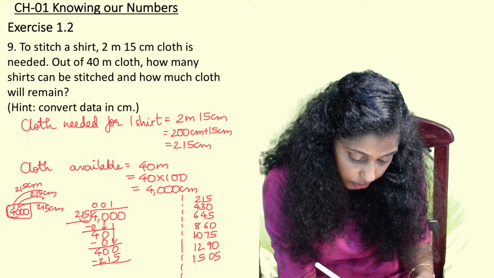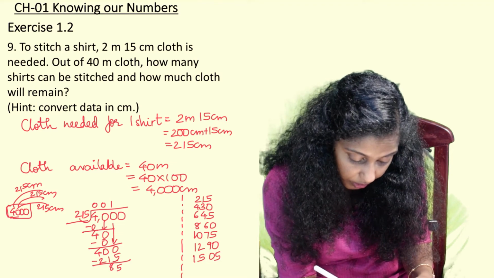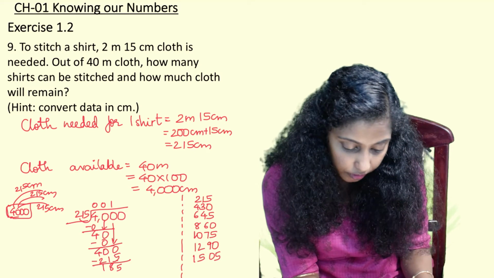When we do subtraction we are getting 9 minus 1 is 8, 3 minus 2 is 1. 185 is the remainder and it will not go further.